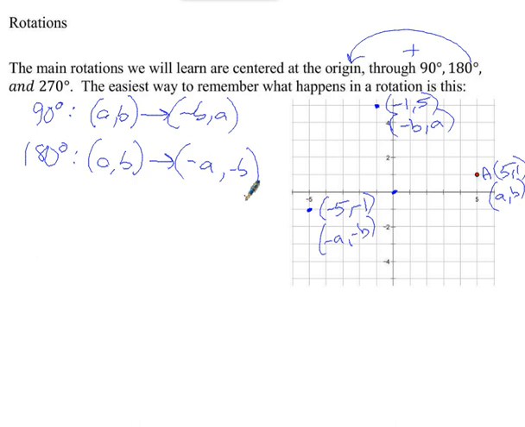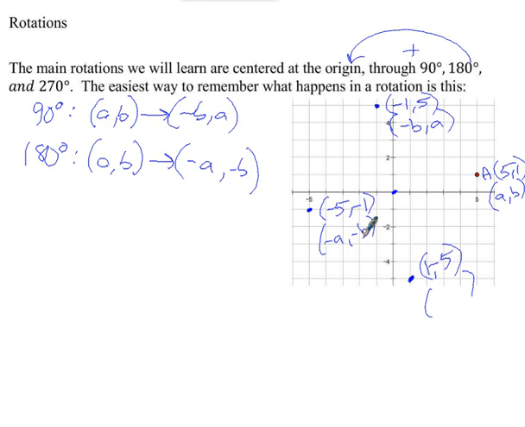If I rotate once more, then I start here and I've rotated 90, 180. If I rotate one more, I get 270, and my dot is sitting right here, and the ordered pair is positive 1 comma negative 5. So if we're talking about in terms of A and B, A comma B turned into what here?